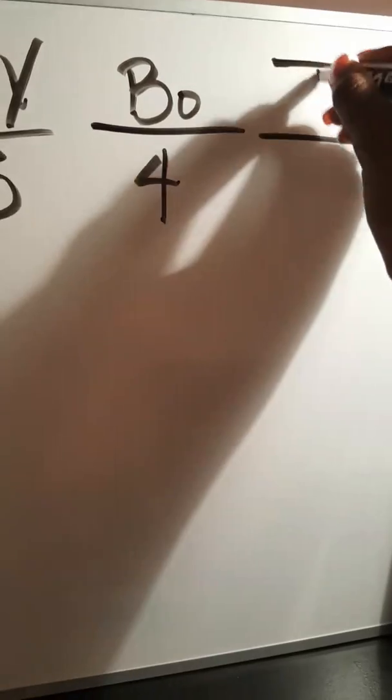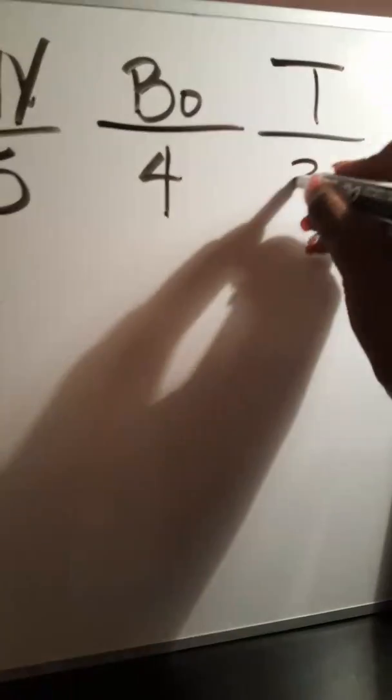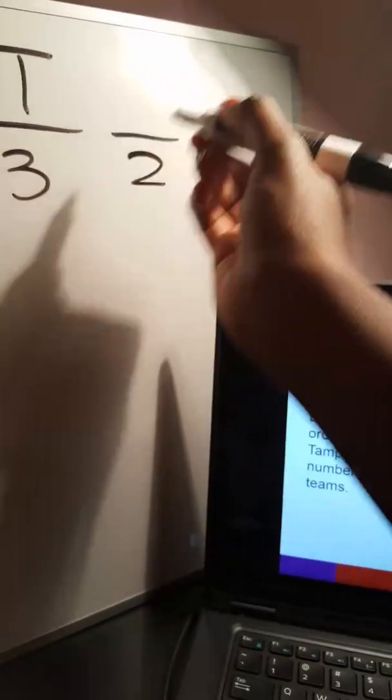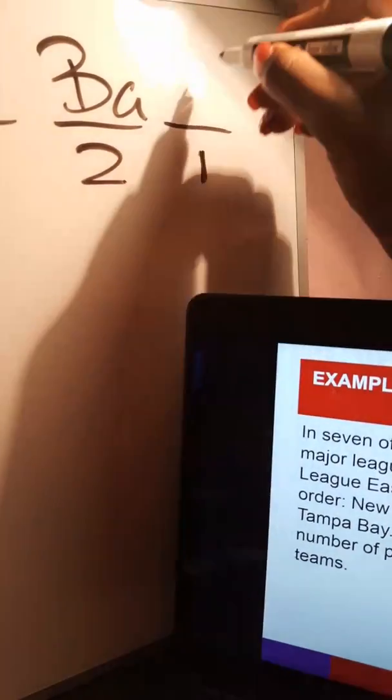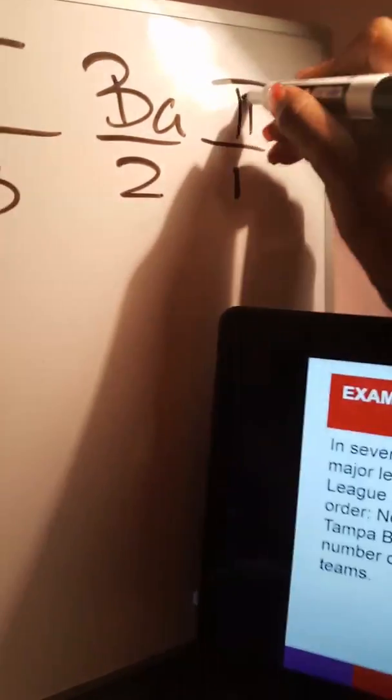Now you see what's happening? Just like the factorial, Boston. Now Boston is gone. Third one, Toronto, and that was out of 3. Now we have 2 left, which is going to be Baltimore. Now they're gone. And for the last slot, we have Tampa Bay.